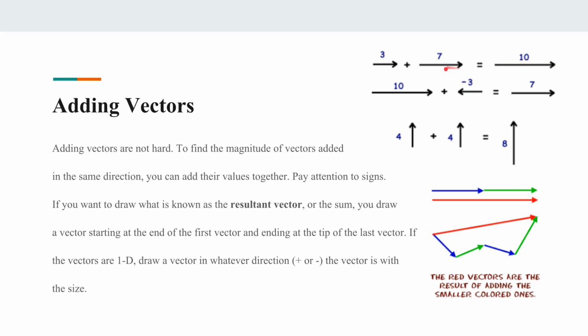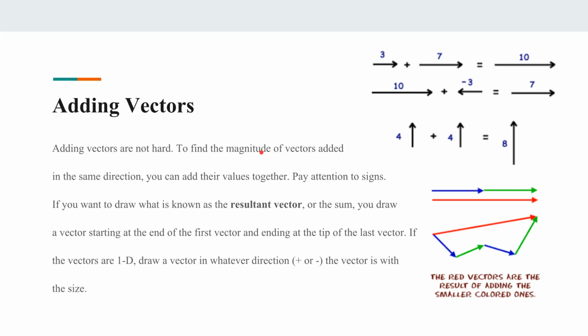Basically common sense. And conversely, you have 10, a long rightward facing vector, plus a leftward facing vector with value negative 3 equals 7. So just 10 plus negative 3, or 10 minus 3 equals 7.